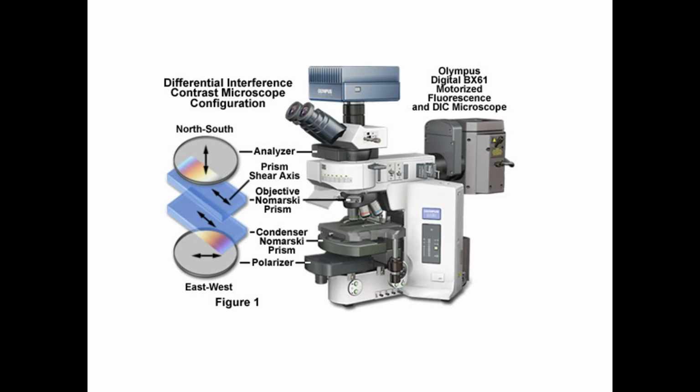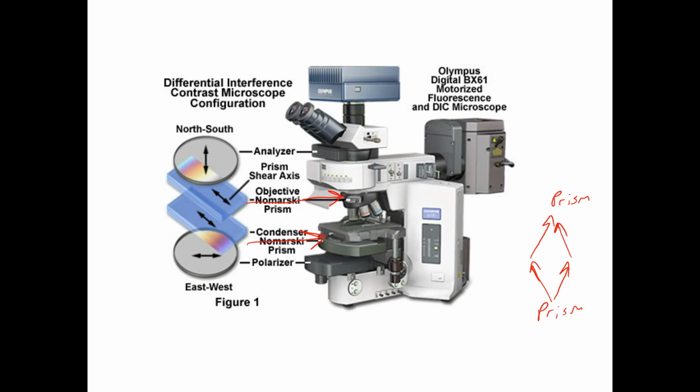So in this microscope, you have a prism above the specimen and a prism below the specimen. So the idea is that the first prism splits the beam of light, so you hit the specimen with two beams of light, and then those two beams of light are then recollected by the top prism.